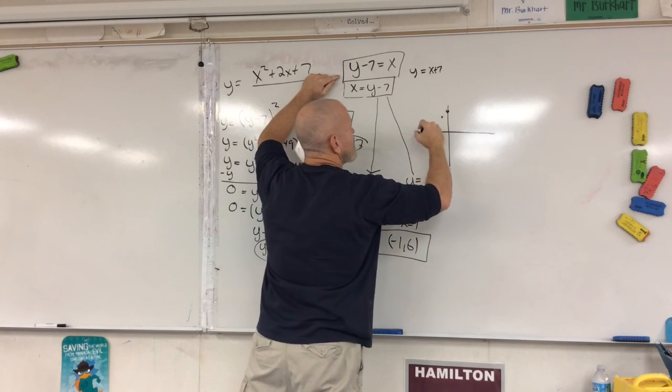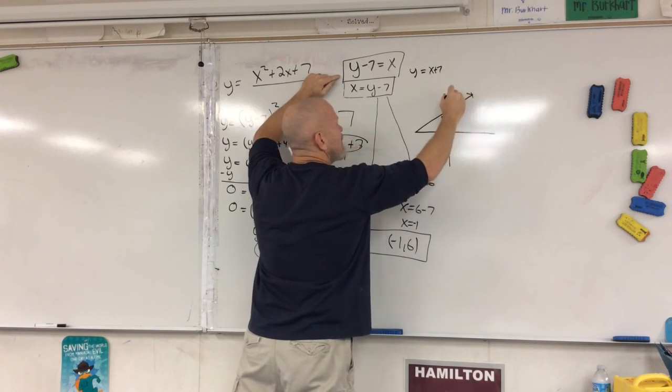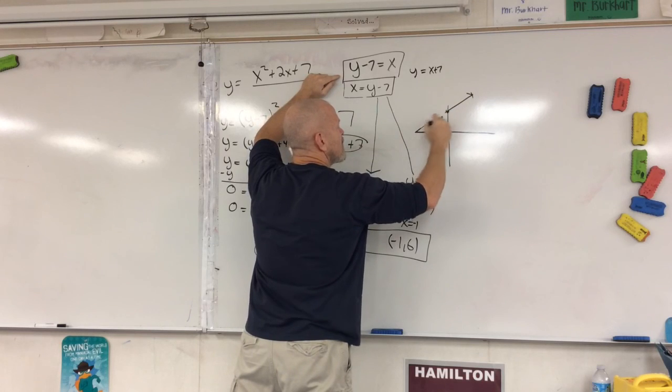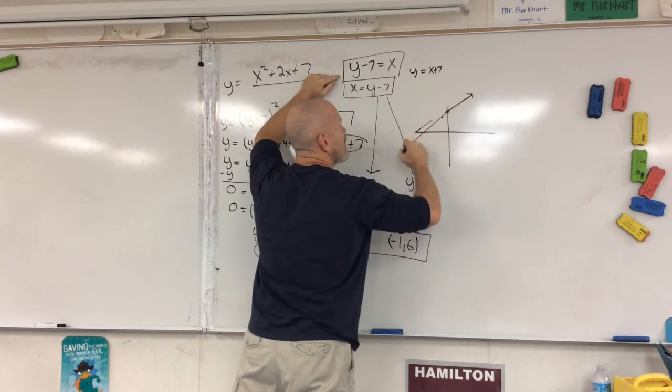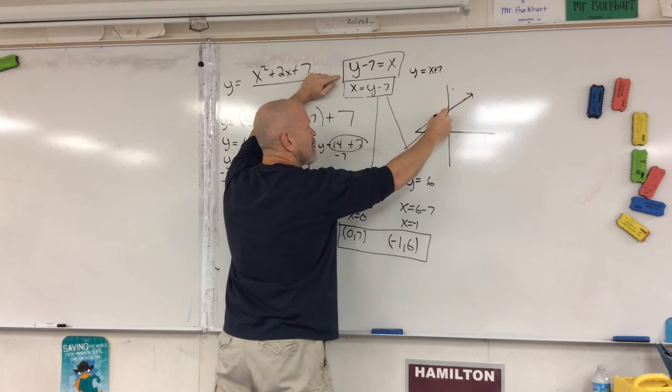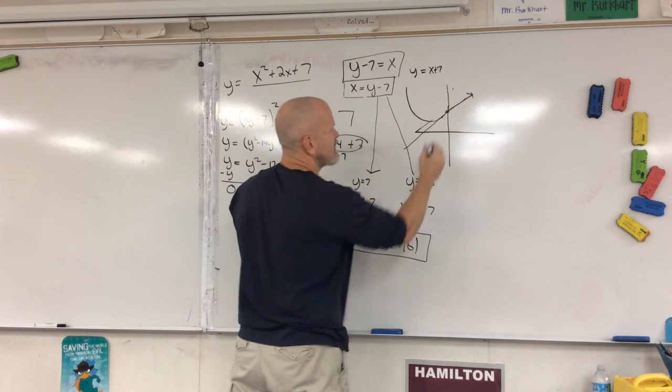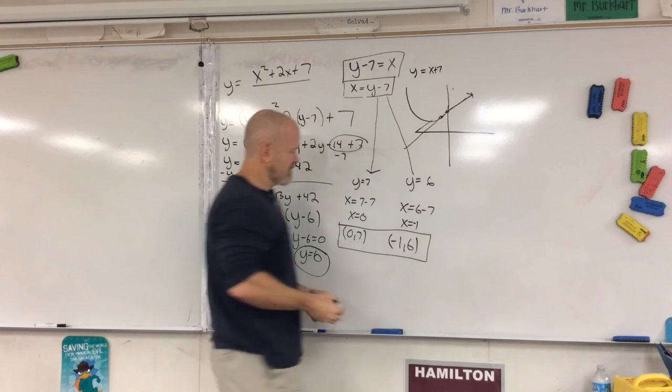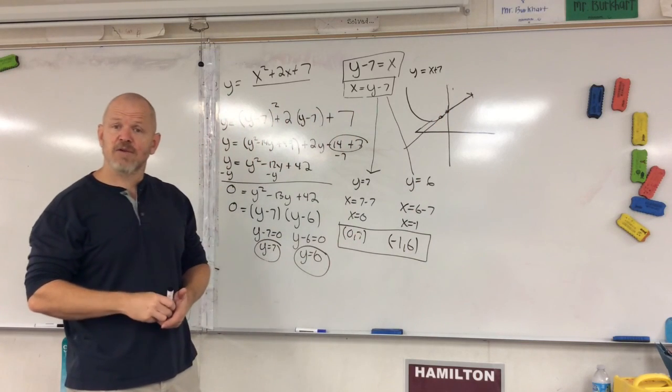It's going to be something like this as a line, and it's got to go through both those points. And then we've probably got a parabola that comes down like this. It's just a guess, touching twice there and there. And that would be the solution to this system.